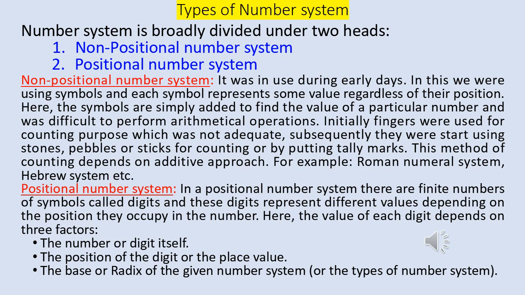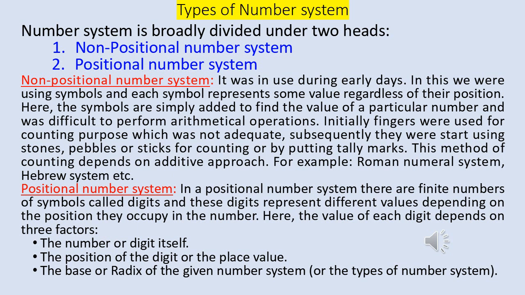Subsequently, people started using stones, pebbles or sticks for counting, or putting tally marks. This method of counting depends on an additive approach. For example, the Roman numeral system, the Hebrew system and other systems.